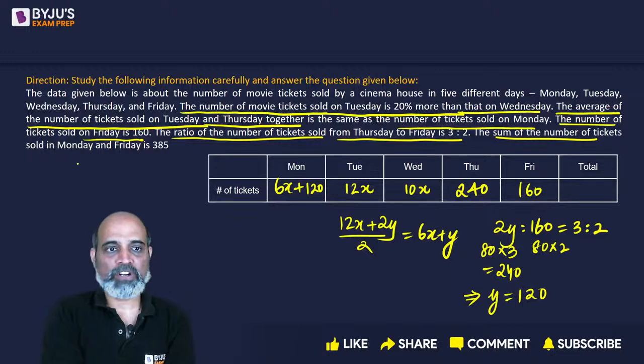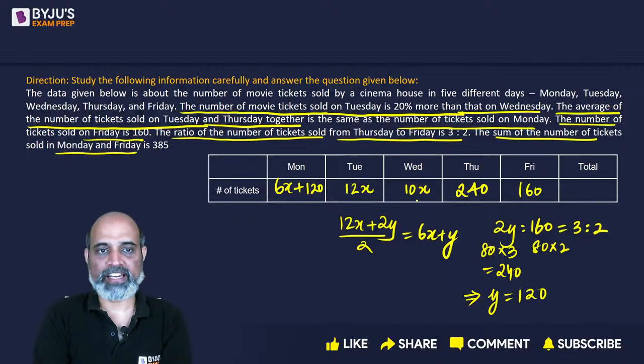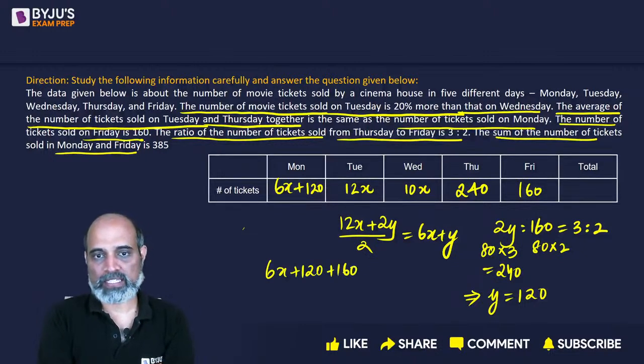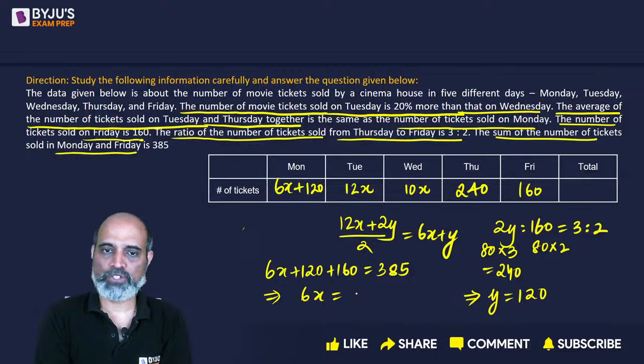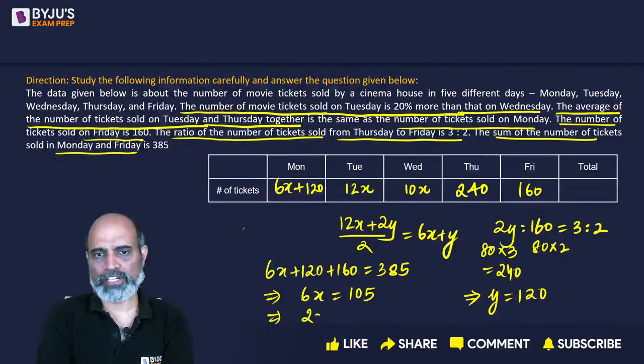The sum of the number of tickets sold on Monday and Friday is 385. So as per the question, 6x plus 120 plus 160 is 385. So we get 6x is equal to 385 minus 280, which is 105. So from here, we can calculate only 2x. 2x will be 35.